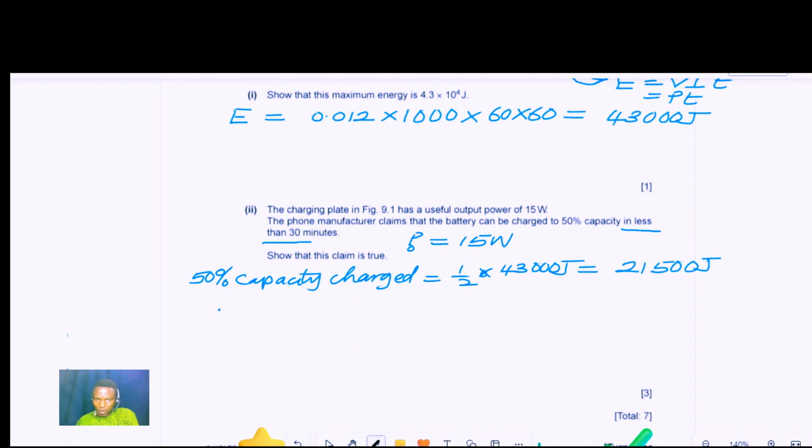So the time of charging equals energy over power, which is 21,500 joules divided by 15 watts.